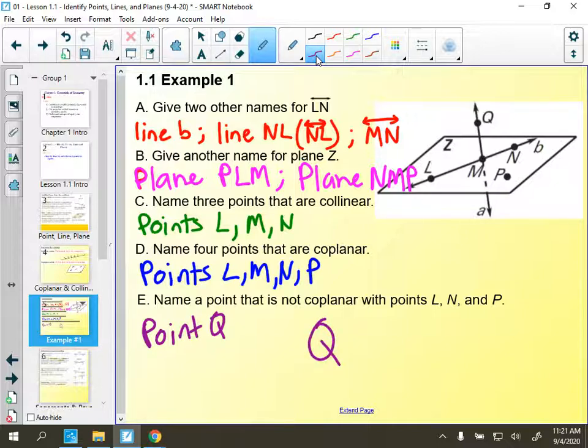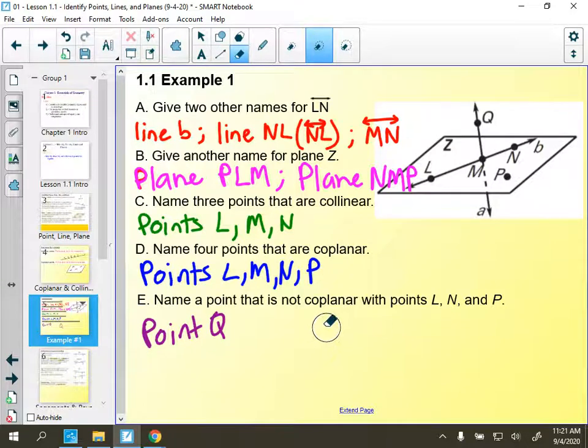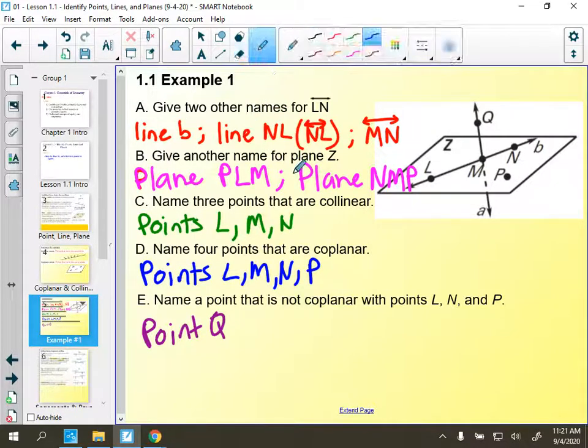Q by itself with no other point in front of it wouldn't mean anything to us. We want to say point Q. Okay, so there's an example of how I would assess whether you really understand the language of geometry, our initial vocabulary. All right, let's keep moving.